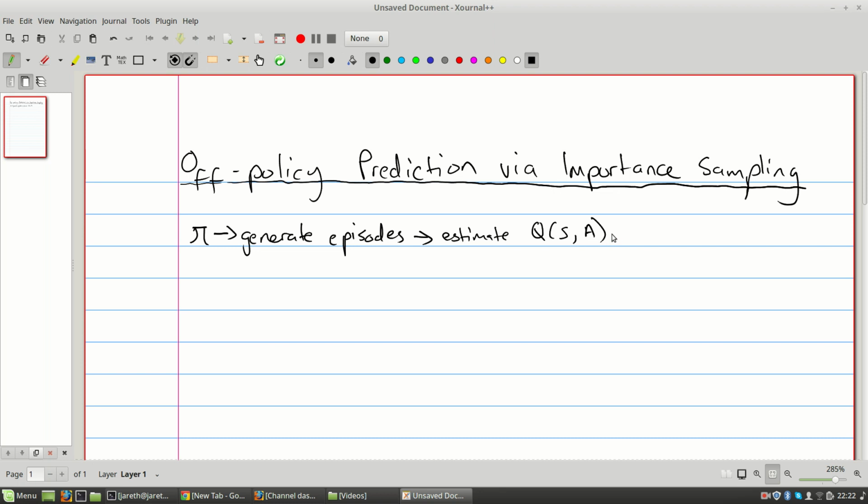And what would we do? We would take the argmax of those Q values, and this in turn would give us a new policy, pi prime, or whatever you want to call it.